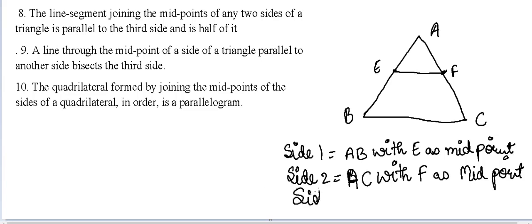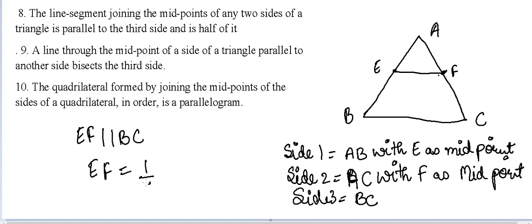third side is BC. So this theorem says that EF will be parallel to BC. First thing, this line segment EF will be parallel to BC. And the second thing is this EF will be half of this BC.